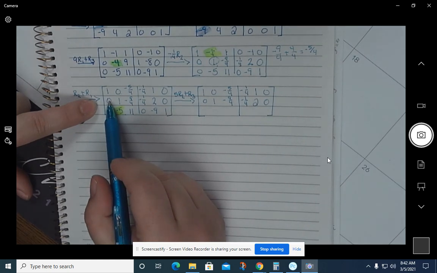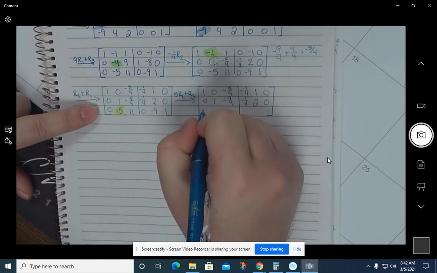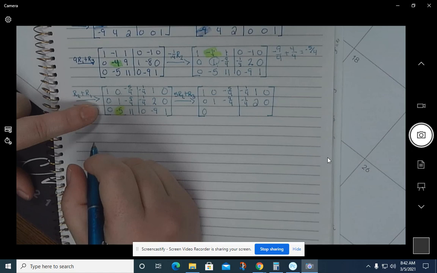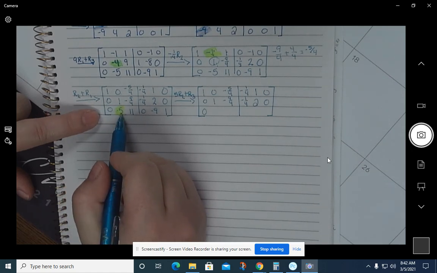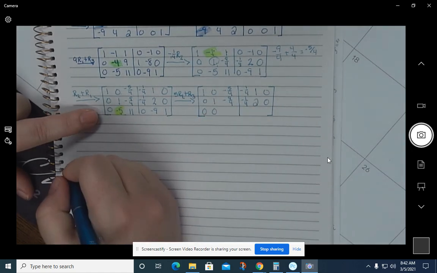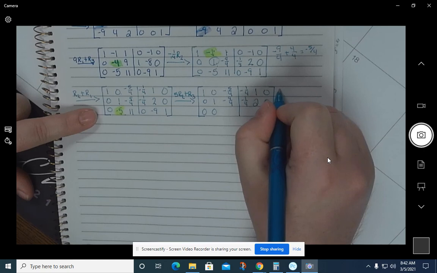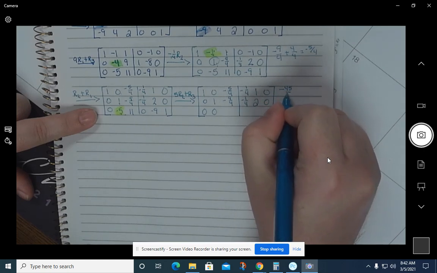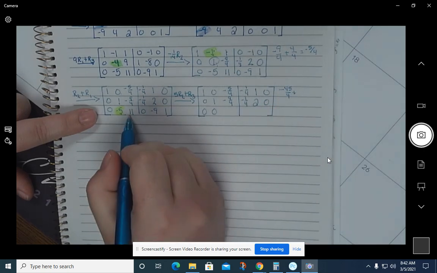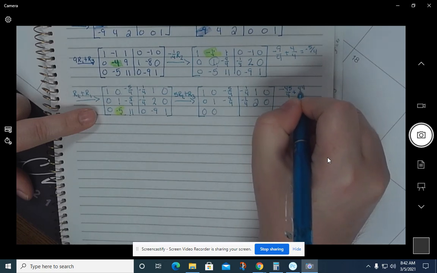Now I'm going to take 5 times 0 plus 0. That's still 0. 5 minus 5, that's 0. 5 times a negative 9 over 4. Okay, so that's negative 45 over 4 plus 11, which would be 44 over 4.